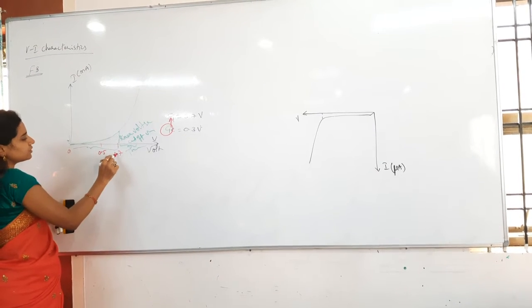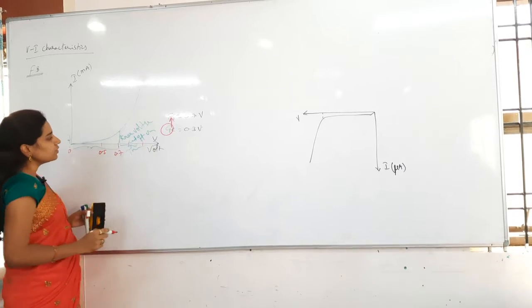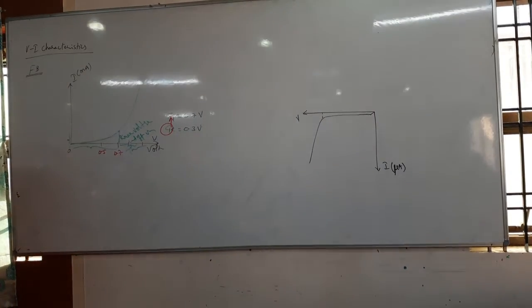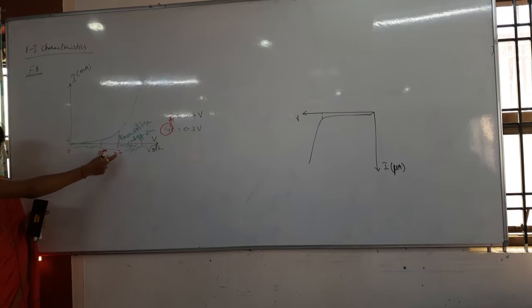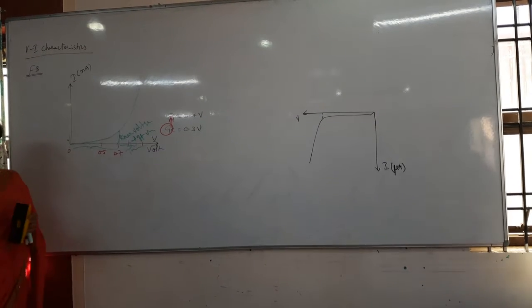This voltage is known as knee voltage, cutoff voltage or threshold voltage. For silicon 0.7, for germanium 0.3. And now from this point only, from 0.7 volt only, the current will increase.